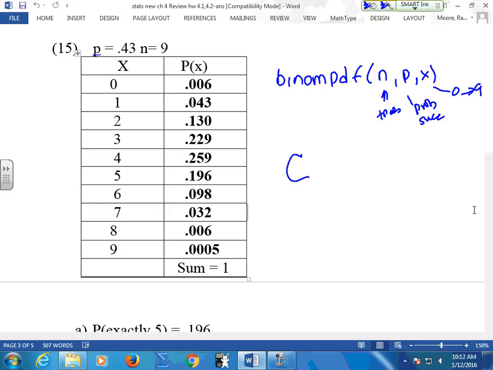If you do the C, you're going to start it like this. Probability of success. You wanted 0. Probability of failure, this is where you need your failure. You wanted 9. Each time through, you're going to change this one, this one, this one. And you can absolutely run that all the way through.